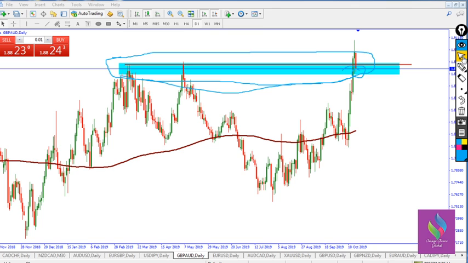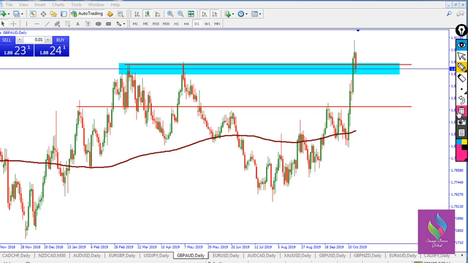So we could see a pullback down to this region before we can have a reasonable position to buy in the forex market. You have to look at the odds properly, and hopefully if we're able to see certain reactions here, then we will get more opportunities to trade.